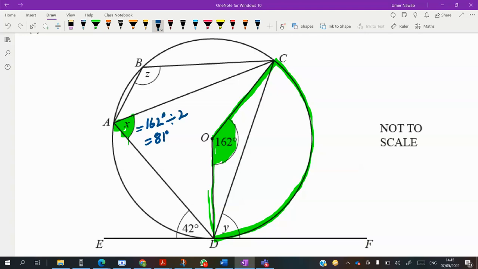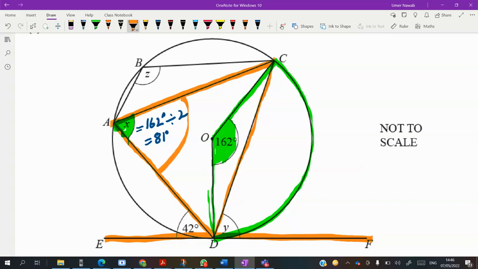Now, we know by tangent segment theorem, if you have a tangent, look at that, this is a tangent and this is a chord, the angle which the chord is producing on the circumference, which is given here as 62, that angle is the same as what the chord is making with the tangent.